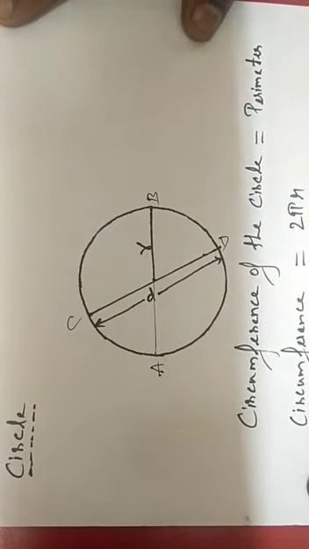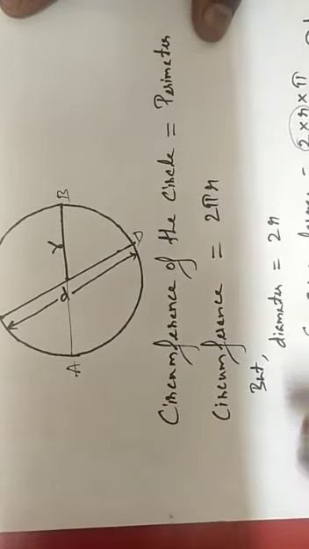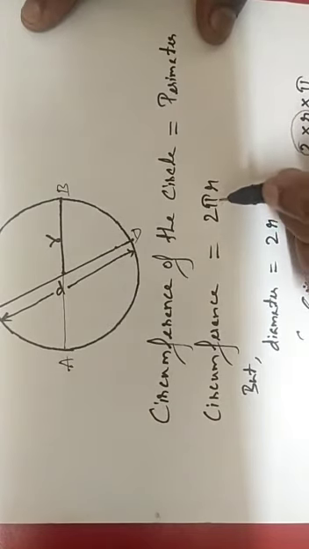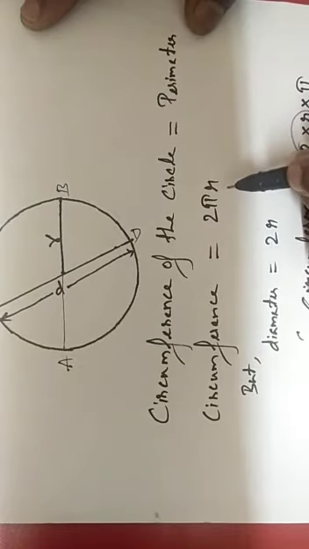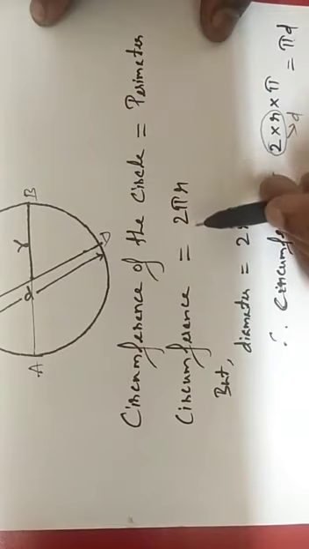Now how to find the circumference of the circle? The formula is 2 pi r. The value of pi is 22 by 7, and this is the symbol of pi. I can also write the circumference of the circle as pi d.